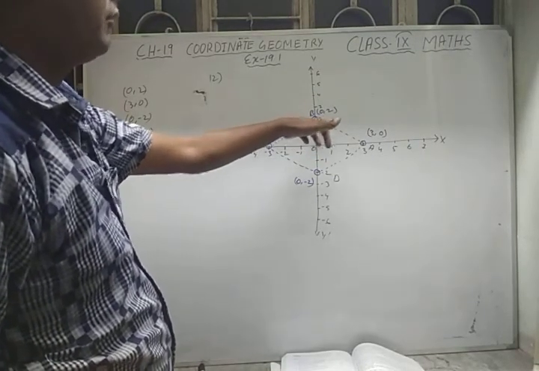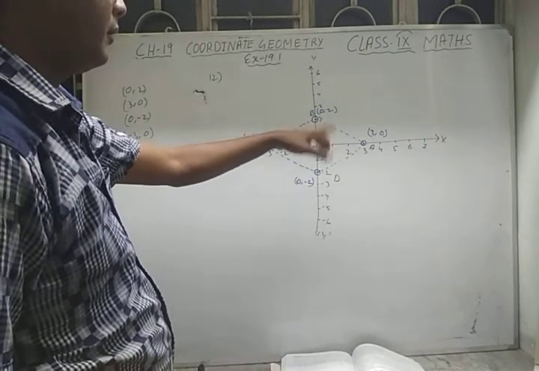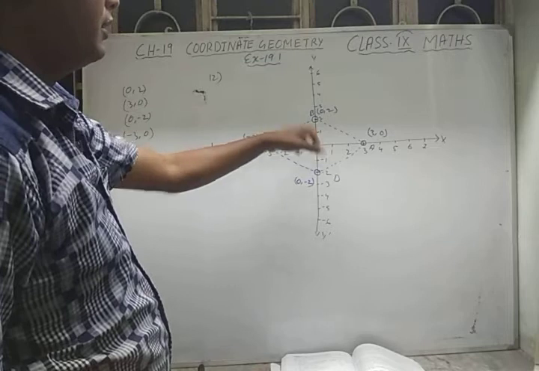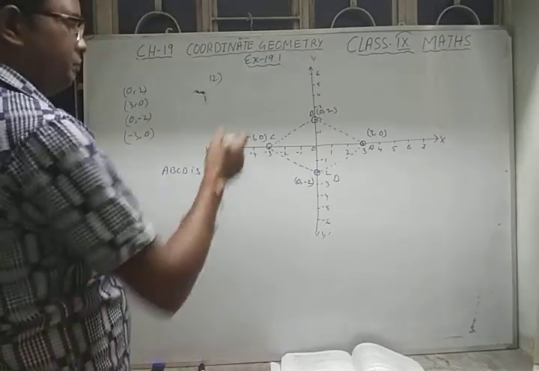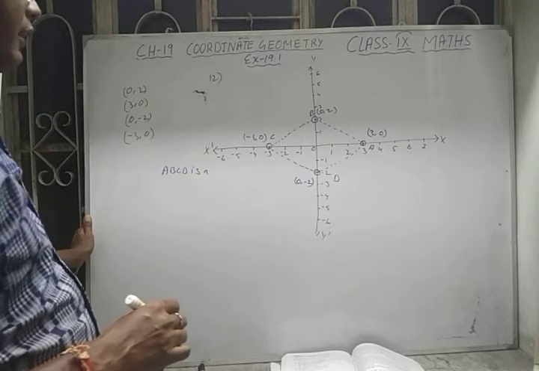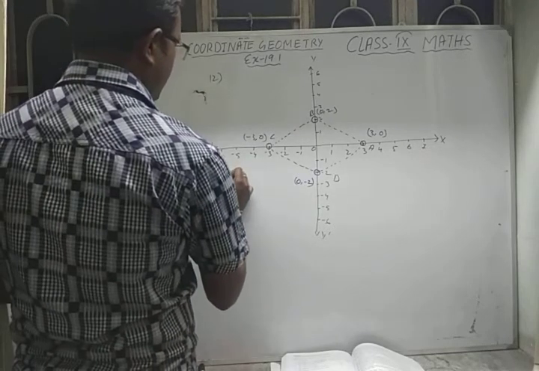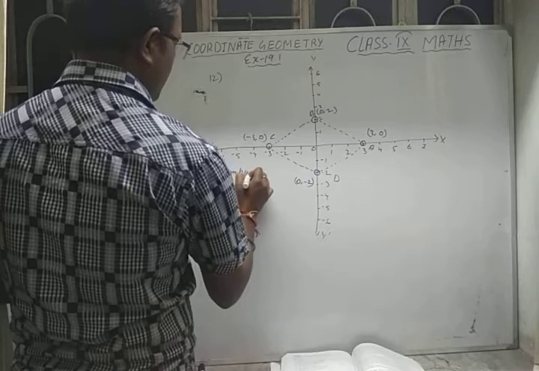If it is perpendicular at the vertices of this quadrilateral, then it will be a square. Either it may be a rhombus, you can write the rhombus. I think it is a rhombus.